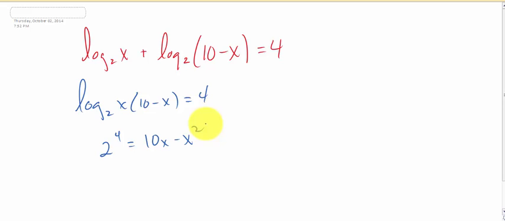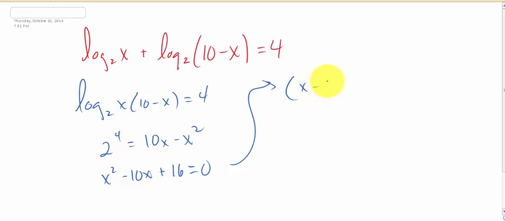Well, this is a quadratic: x squared minus 10x plus 16 equals 0. And that's factorable, in fact: x minus 8 times x minus 2. The zero product property says that x is 8, or x is 2.